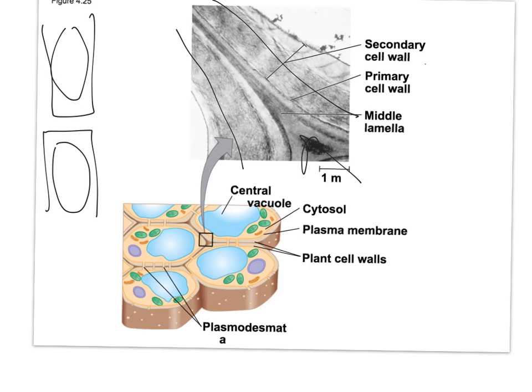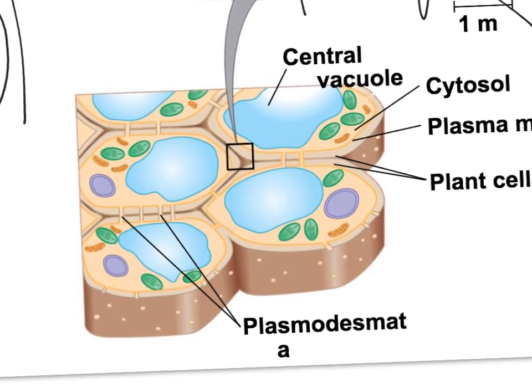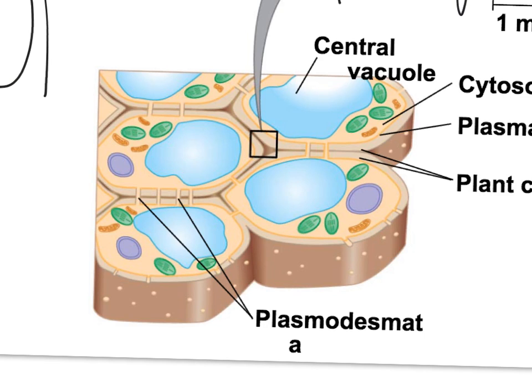And then what we have down here is your plasmodesmata. Okay, you see the channels that run through the cell wall and allow connectivity, right? It allows communication between one cell and the other and this cell. So now all these cells are going to function as a unit as opposed to you do one thing, I do another.